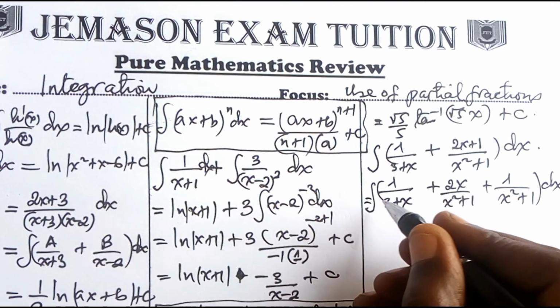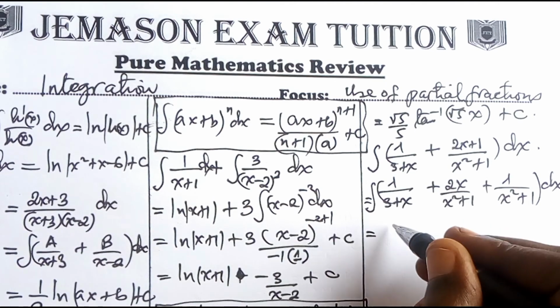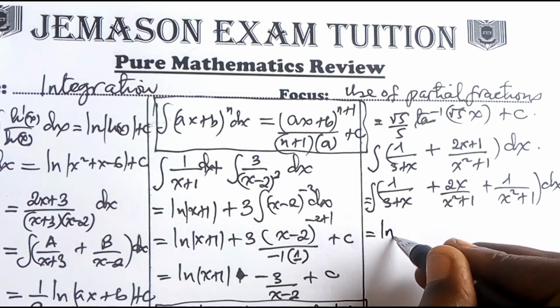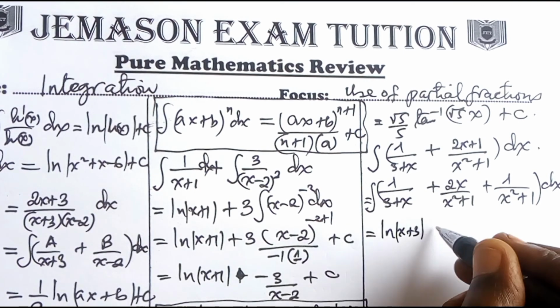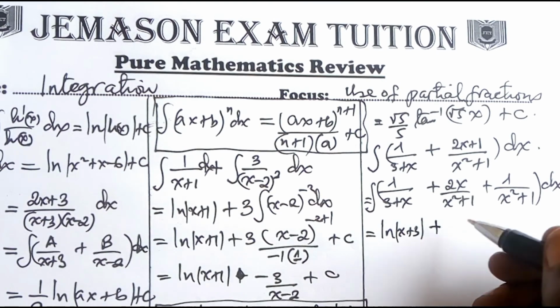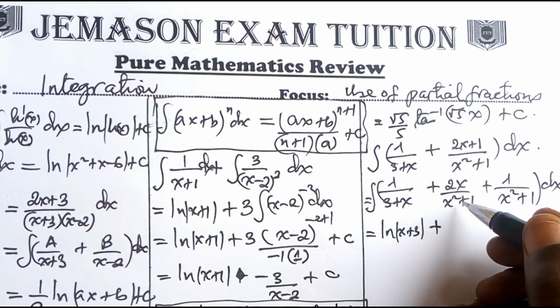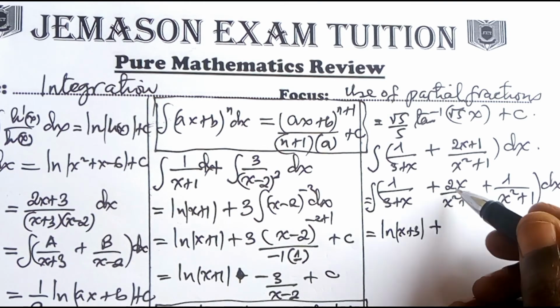In this first one, I simply have a linear factor at the denominator, so the integral is ln of the denominator. Plus the integral of this part here is by recognition. You can notice that the differential of the denominator gives the numerator.